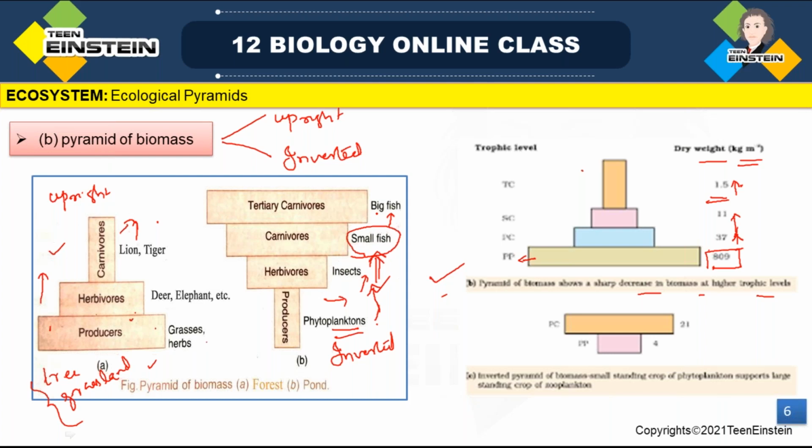So when it is going to top trophic levels, the number may be less, but the biomass is increasing, in the aquatic ecosystem. Got it? In the aquatic ecosystem, the number may be less when it is moving to higher trophic levels, but the biomass will be more. That's what we are representing in this graph with an example.